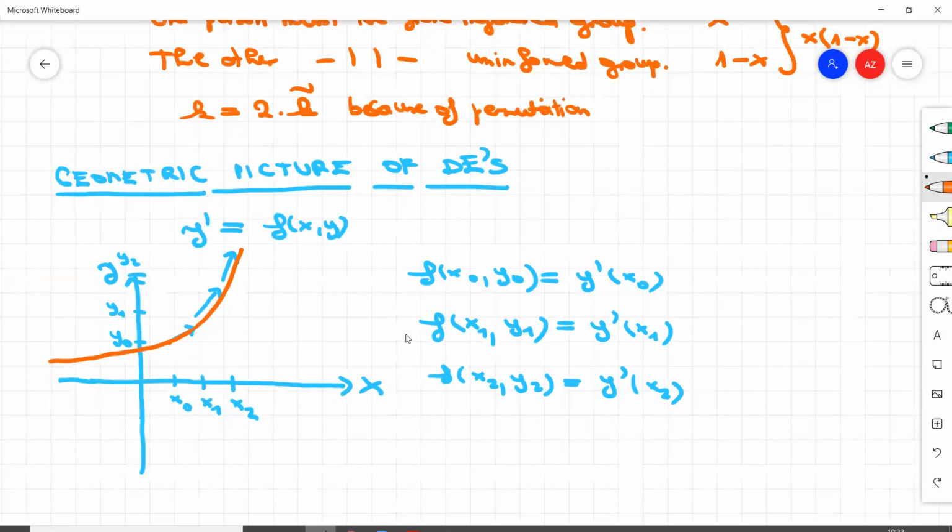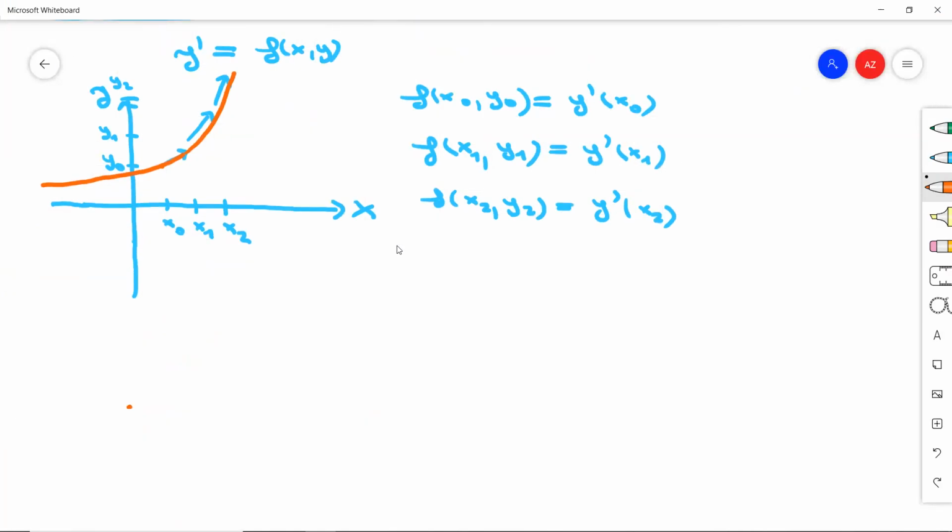So we have, for example, this direction, the vector, the direction of the tangent. Here I put the difference in x to be 1, and the difference in y is exactly the slope. Because if I take delta x to be 1, then delta y is the slope of the tangent. So it's just y prime at the point x. This point is (x, y), so the slope is then y prime of x.